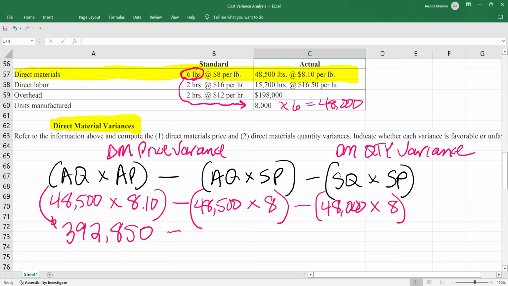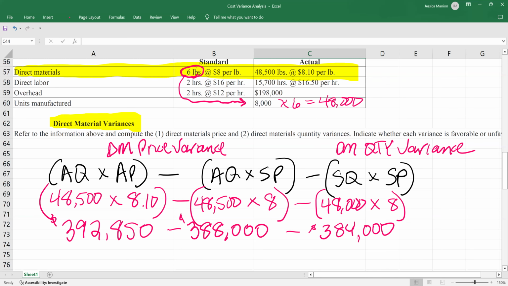Now 48,500 times 8, based on that number of pounds used, it should have been 388,000. And then we're going to compare that to standard quantity, standard price. So the standard quantity was 48,000 times $8, 384,000. Okay, there are our numbers, right? If we do the math on it.